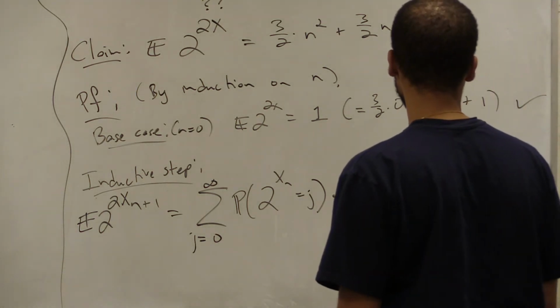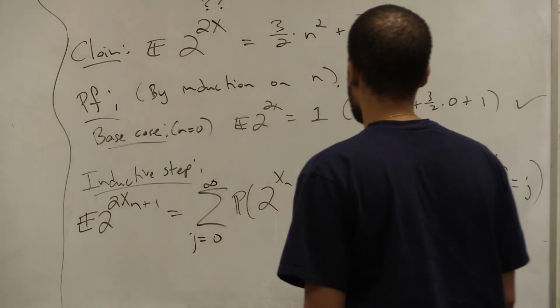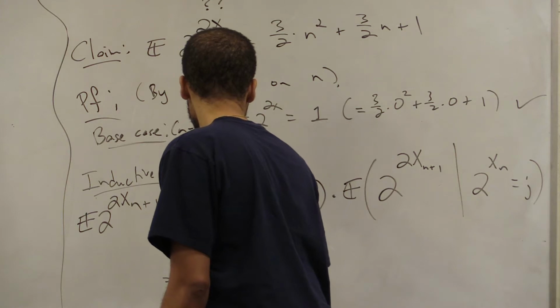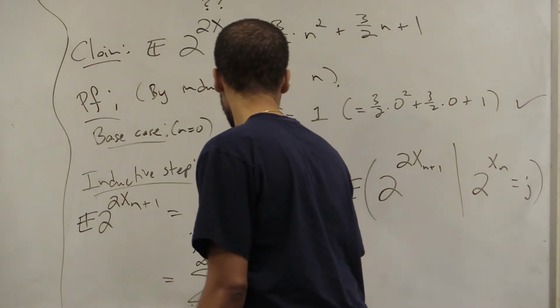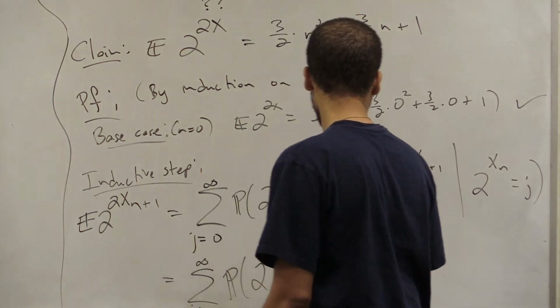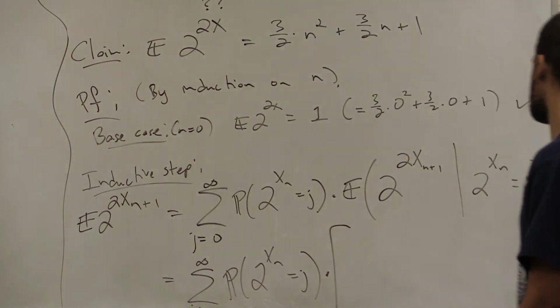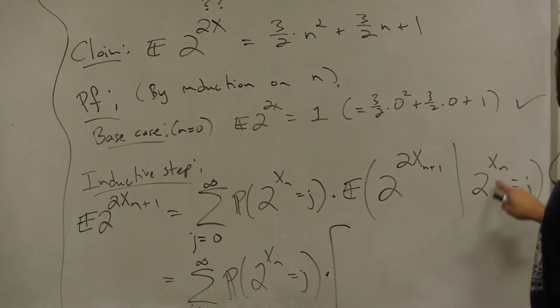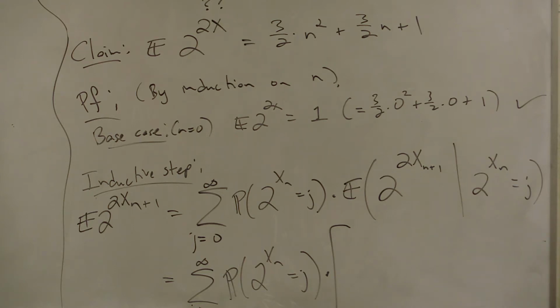Okay. And then this is equal to the sum over these j's, probability that 2 to the x_n is equal to j, times, now what's this conditional expectation? So with probability, remember now, 2 to the x_n is equal to j. So with probability 1 over j, we increment. With probability 1 minus 1 over j, we don't increment.